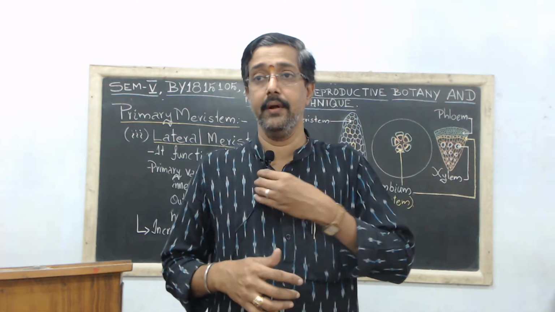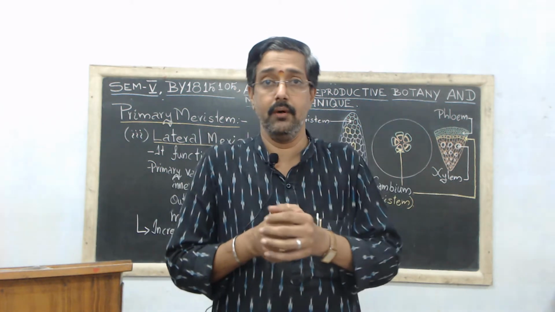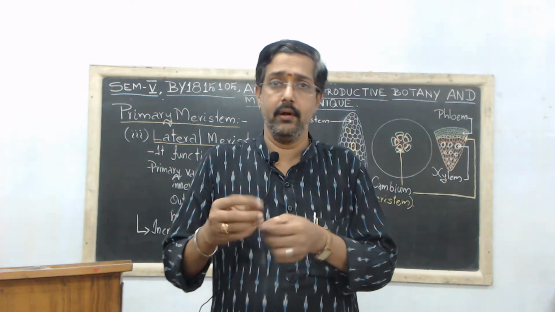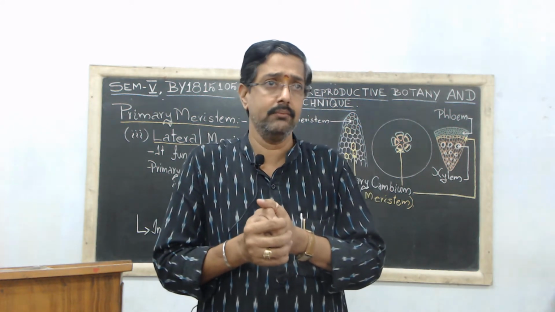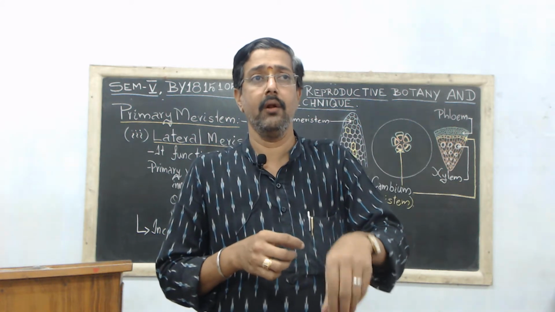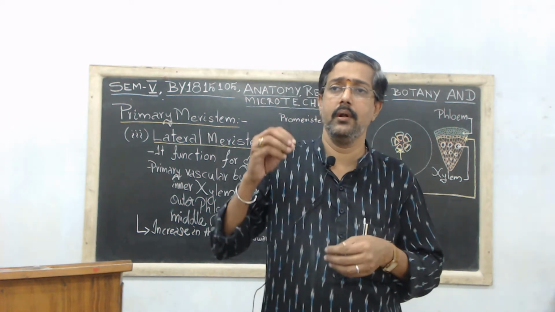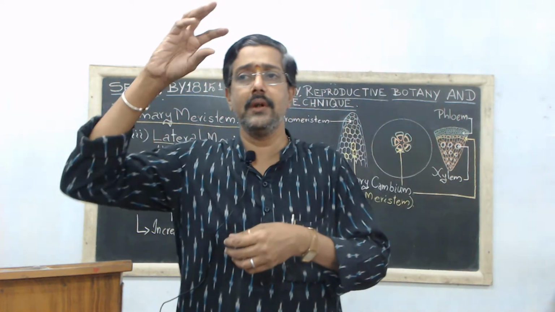For example, in a dicotyledonous deciduous tree, a seed falls down, and whenever the suitable time comes, the seed germinates. Initially the root or radicle is developed, and similarly the plumule or the shoot is differentiated.